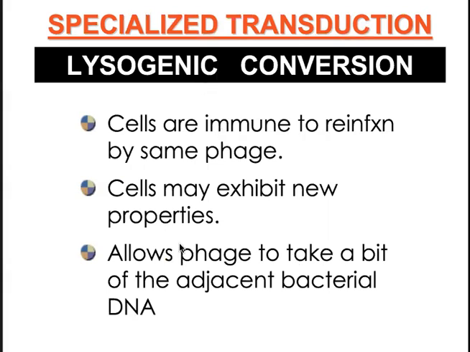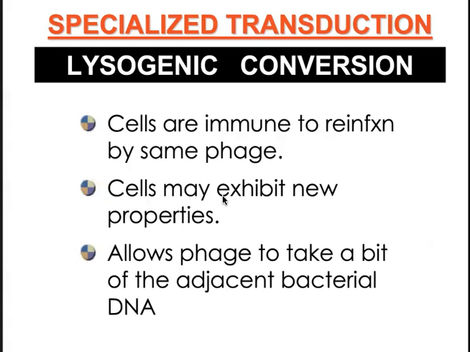During lysogenic conversion, the phage is allowed to take a bit of the adjacent bacterial cell. So it mixes, there's a prophage formation. When it transfers genetic material onto another bacterial host, it does not just carry viral DNA with it, but it also carries the bacterial DNA with it. So it's a combination.